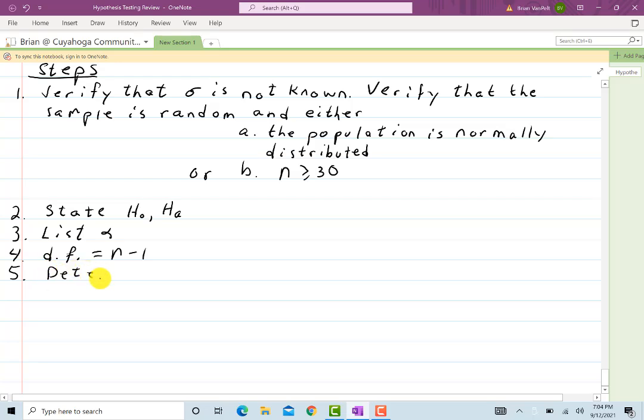Determine critical values. Of course, those are for the rejection regions. The test statistic is a little bit different here.